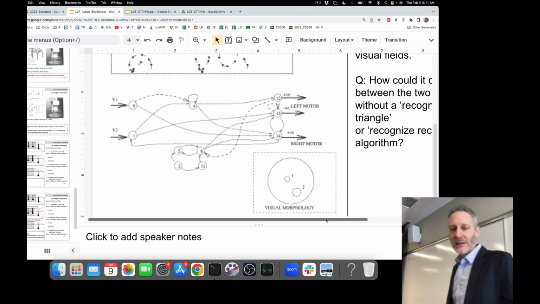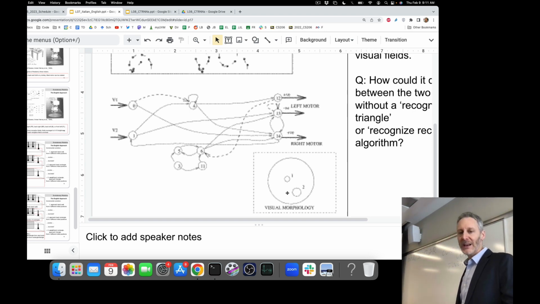Okay, so let's start with the visual morphology of the robot. In this case, remember that evolution could create three fovea. Here's evolution showing off. It actually evolved the radius for the third fovea to be basically 0. So it says, I don't need 3 fovea for this task.